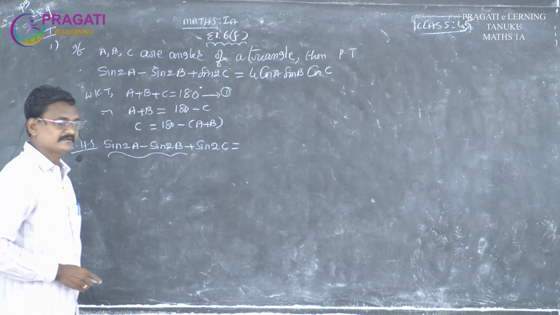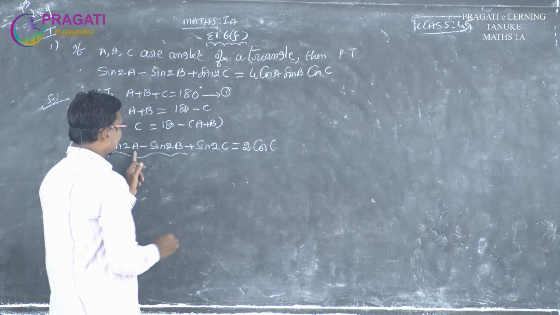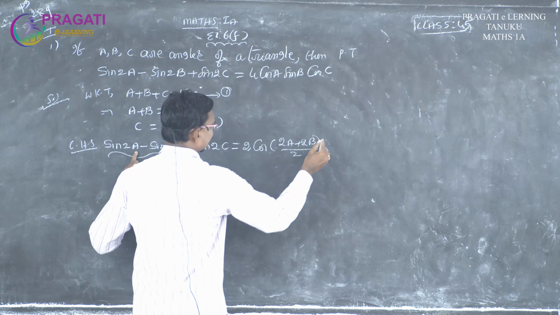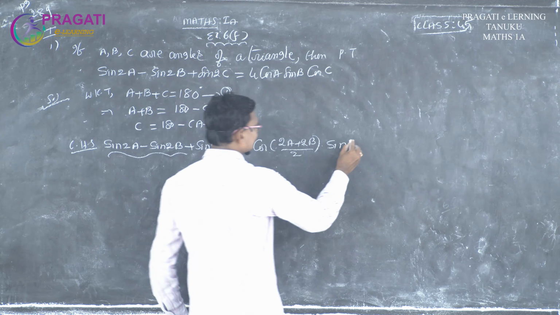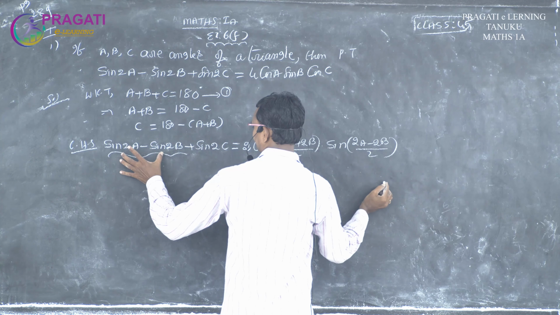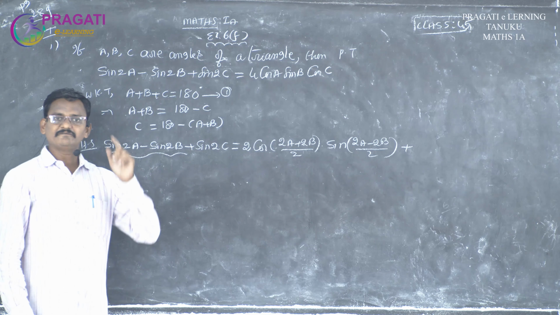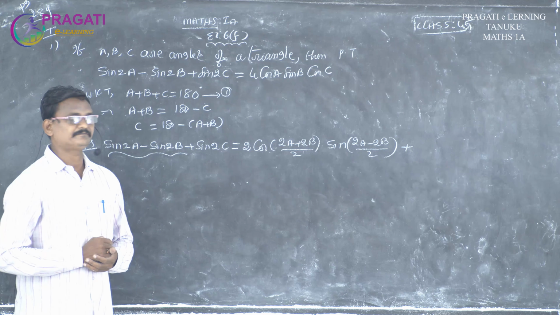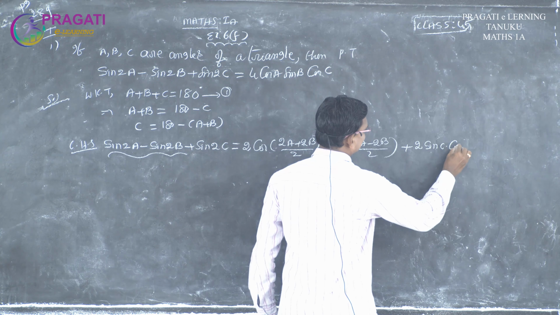Sin C minus sin D is 2 cos((C plus D)/2) sin((C minus D)/2), that means 2 cos((2A plus 2B)/2) sin((2A minus 2B)/2) for the first two parts. The last term is sin 2C. From multiple and submultiple angles, the standard formula sin 2A is 2 sin A cos A, so sin 2C is 2 sin C cos C.